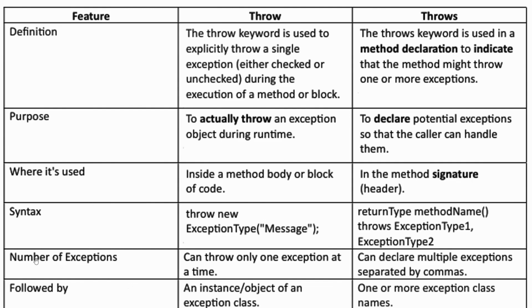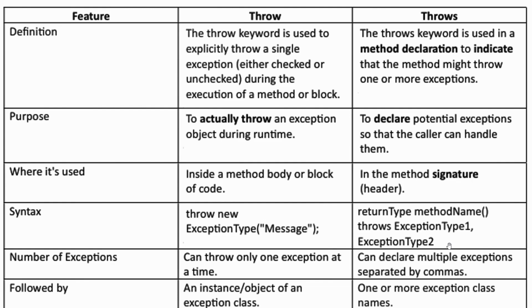Next we will see the number of exceptions. The throw keyword can throw only one exception at a time, while the throws keyword can declare multiple exceptions separated by commas. As you can see in the syntax, let's take this example: IO exception, then a comma, then the second exception can be SQL exception, and the third exception can be arithmetic exception.